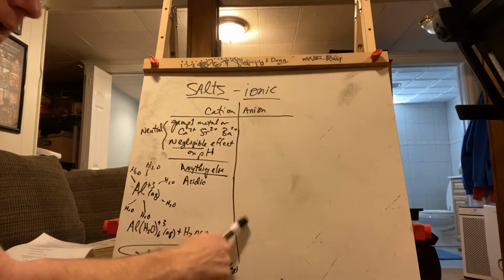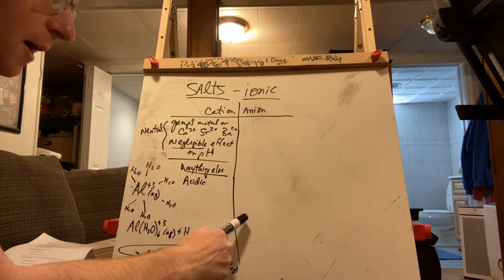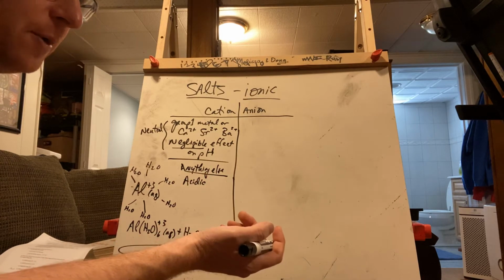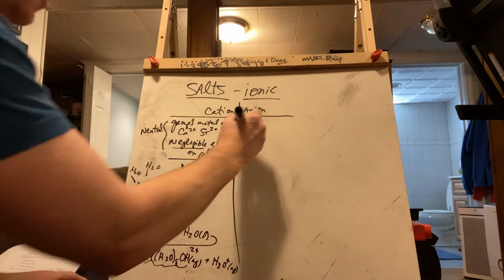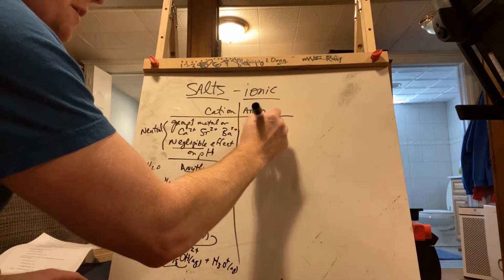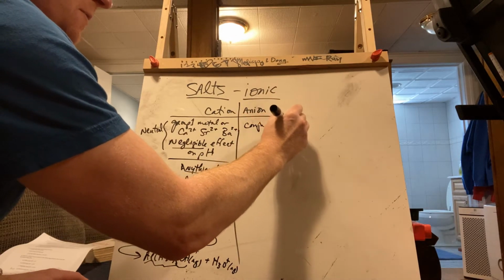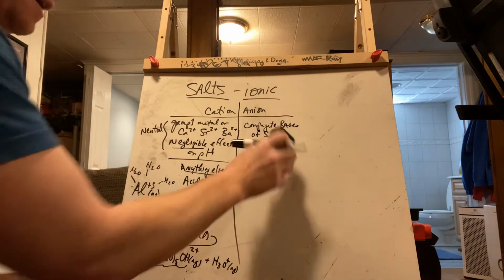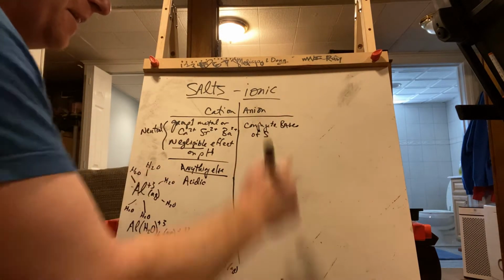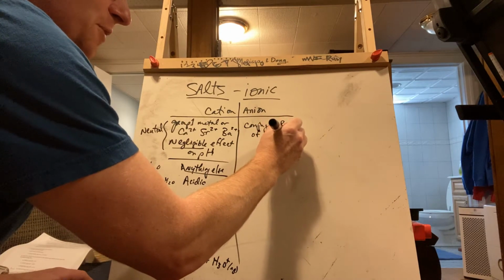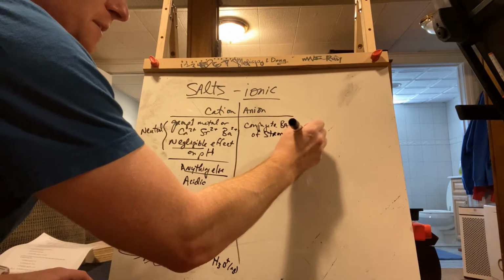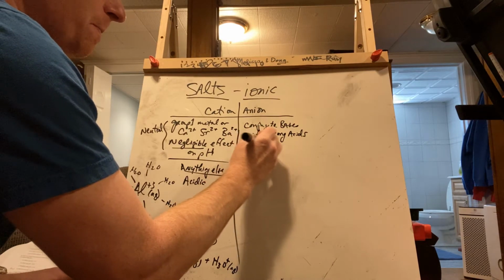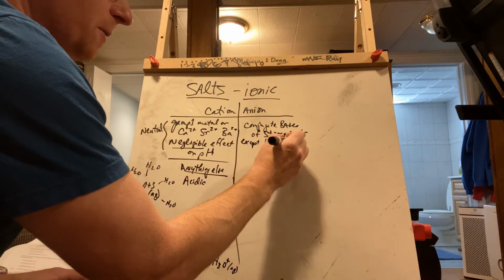Okay, the anion, and this is why you got to memorize your conjugate bases. You have to remember your strong acids. Your conjugate bases of strong acids, I think I called it CBSA on the review sheet. I've never used that acronym, but I was doing it so much. Conjugate bases of strong acids, except HSO4 minus.